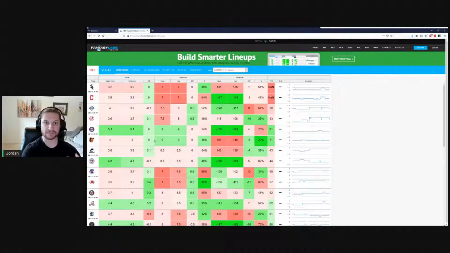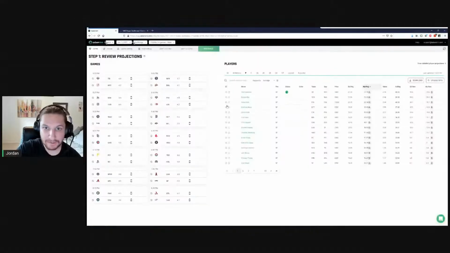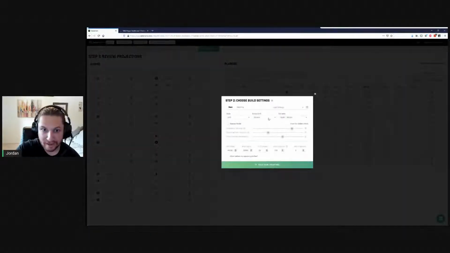It's going to be harder to just be right, and being accurate with your projections is just going to take you further, because there's going to be a lot of people without accurate projections. Ownership is going to be so spread out that we don't need to play as much of an ownership leverage game. And the build settings typically will reflect that.